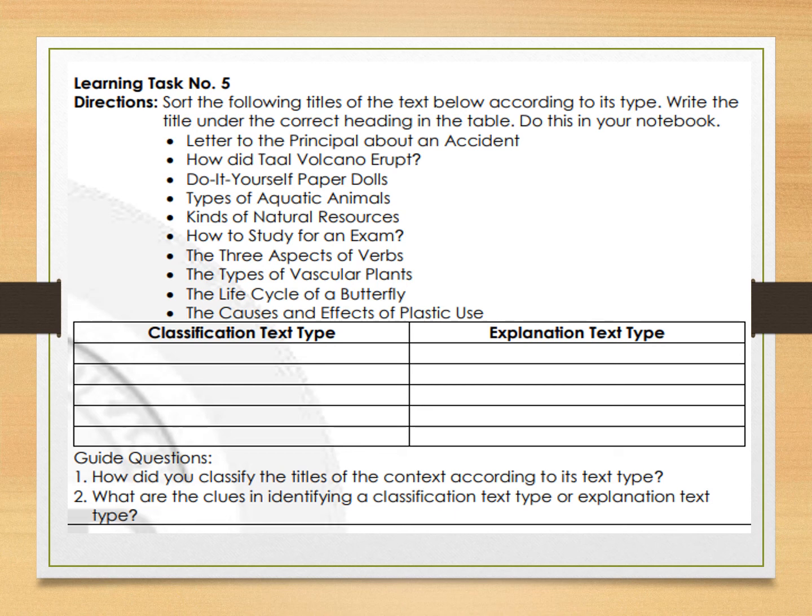Okay, let's proceed. How did you classify the titles of the context according to its text type? And what are the clues in identifying a classification text type or explanation text type?